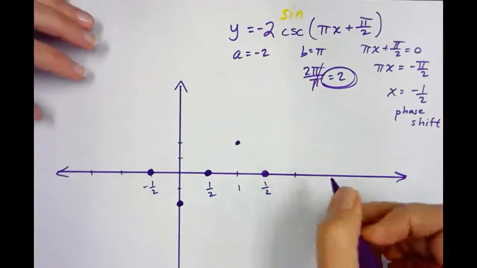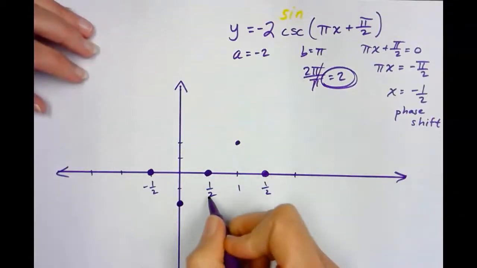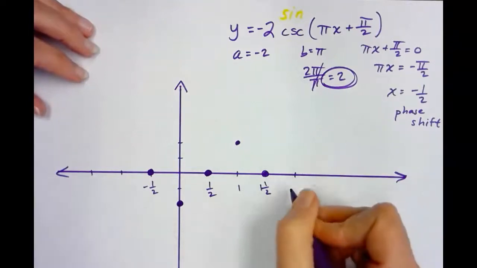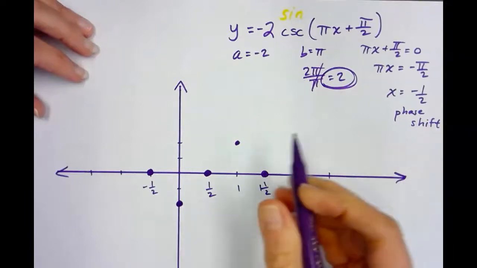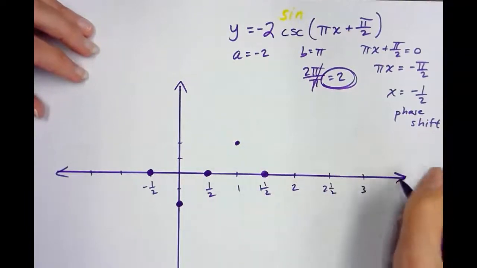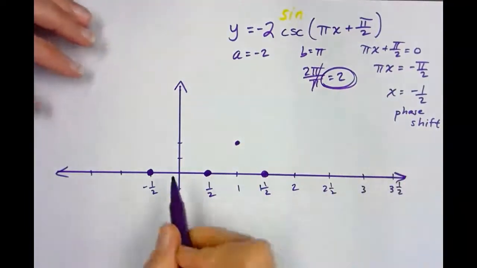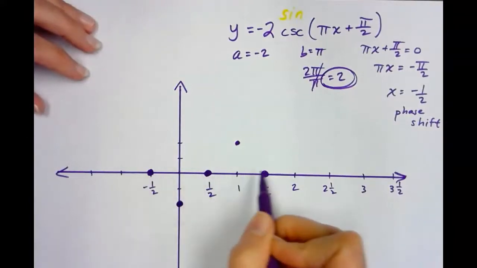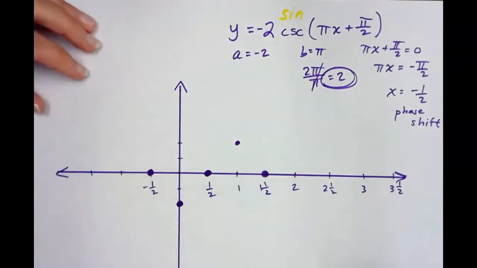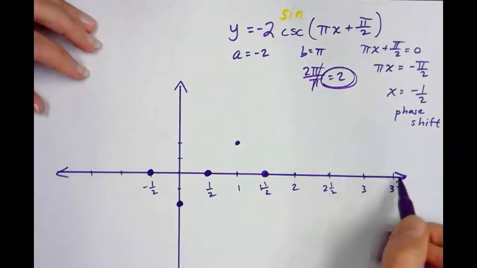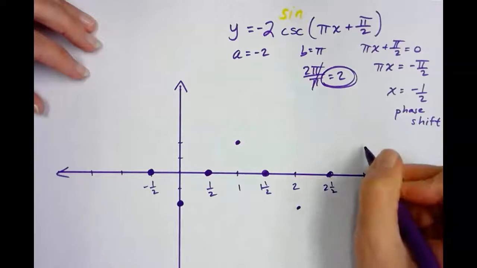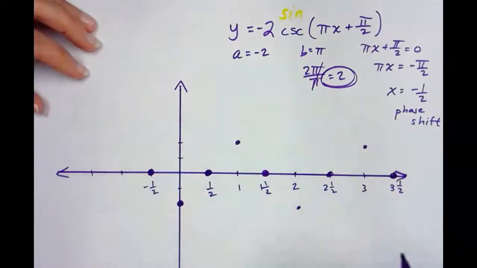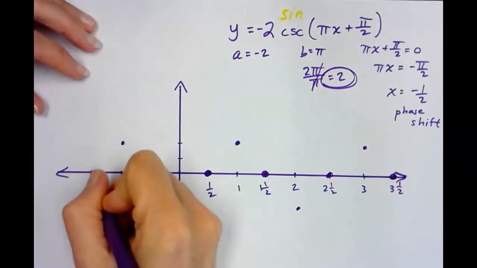So let's get a couple more points plotted. 1/2, 2/2, 3/2, 2, then 2 1/2, then 3, then 3 1/2. So 1, 2, 3, 4, and then 1, 2, 3, 4, and there, there, and here, there.